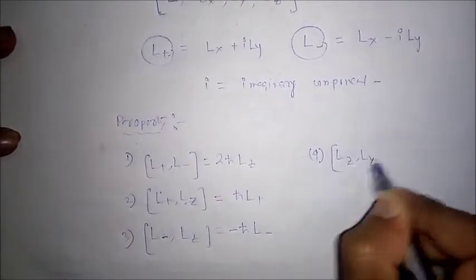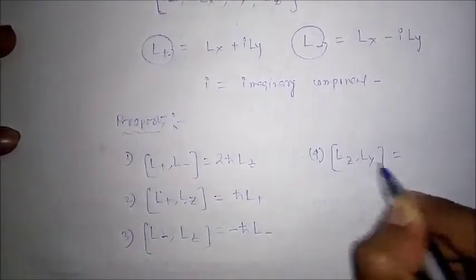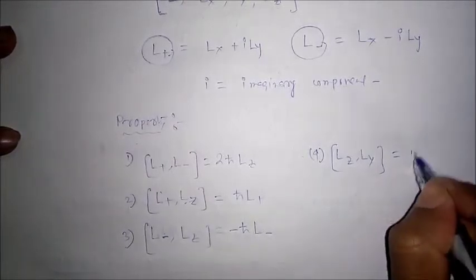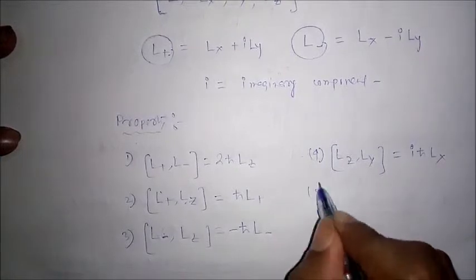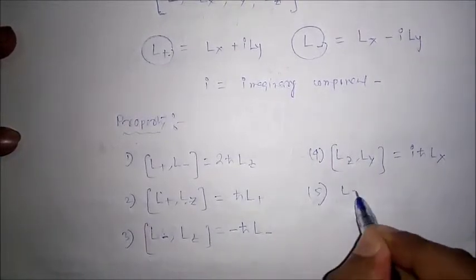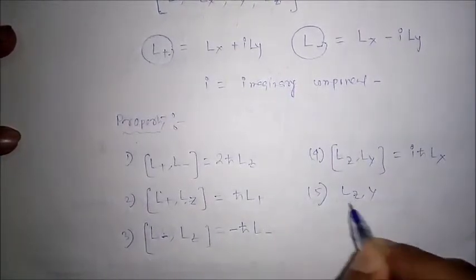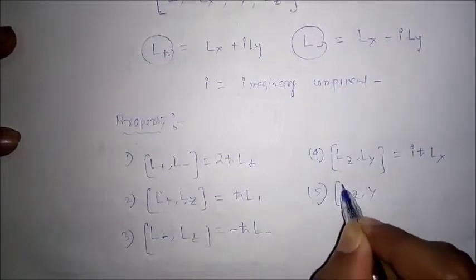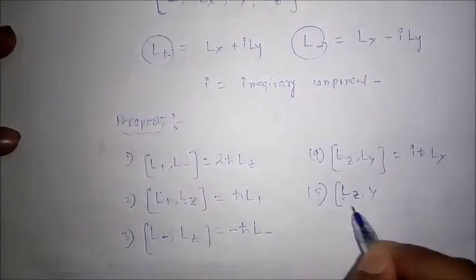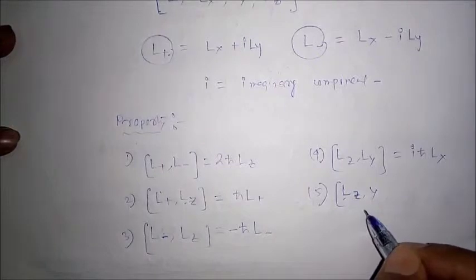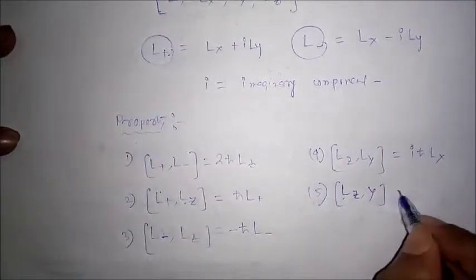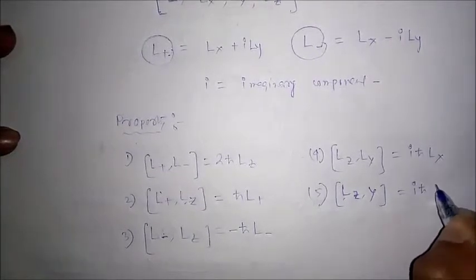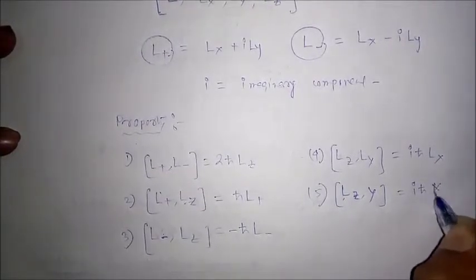The commutator of these two components, Z and Y, is equal to iħ Lx. The commutator of Lz, the component of angular momentum, and the component of the position vector Y, is equal to iħ x.